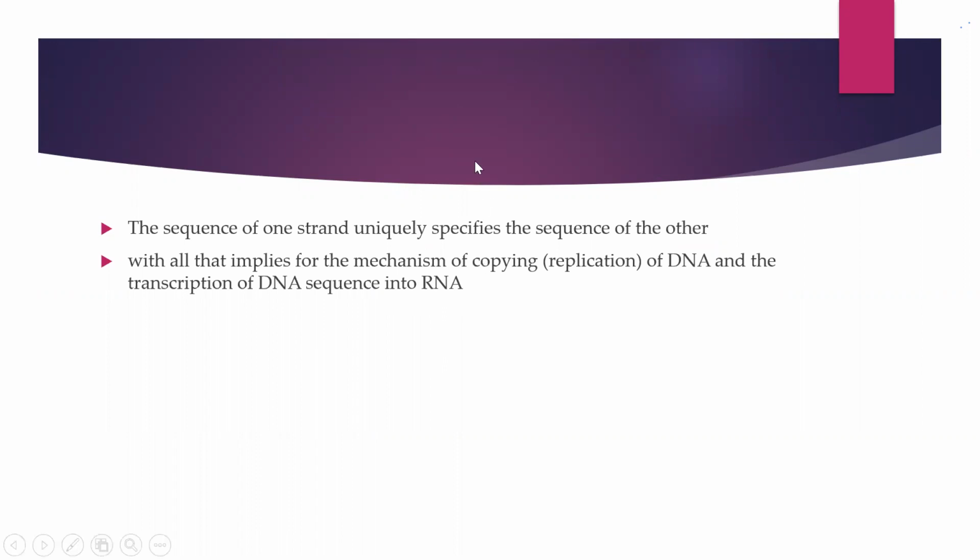So I think I would stop here before going to the polymorphic forms of the DNA. Whatever features we have discussed in this class are the characteristic features of the most stable form of DNA. This is referred to as B form. All these features, whatever we discussed, are features of the B form of the DNA double helix.